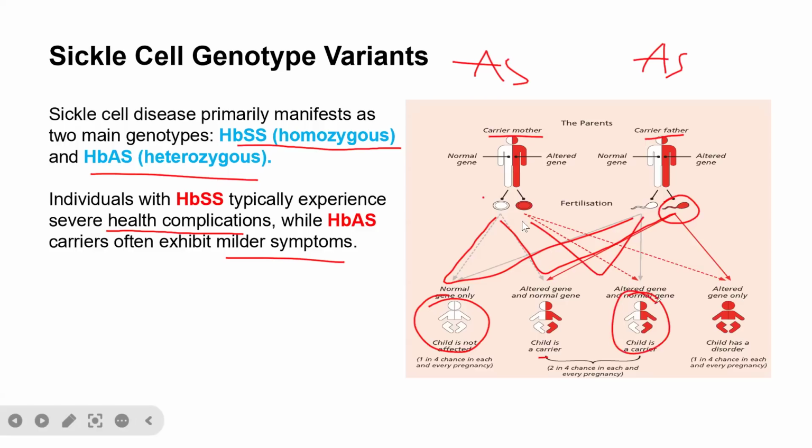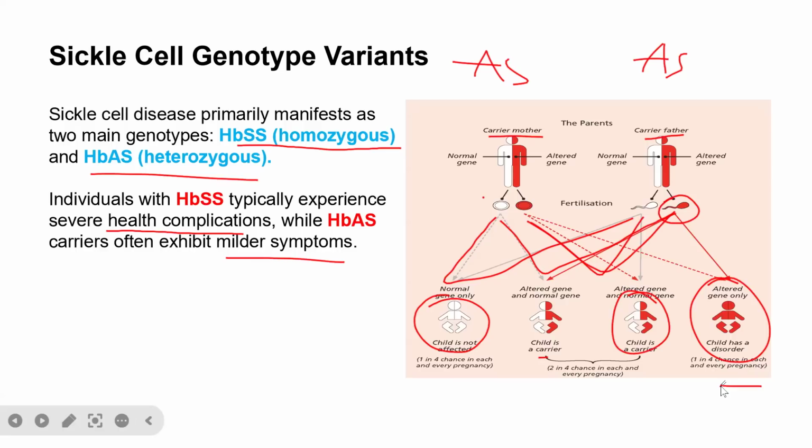But if the S crosses with another S, these parents are going to give birth to a child with sickle cell. That is why you see that this child has the disorder, it carries the disease. Usually A is dominant, while S is recessive.